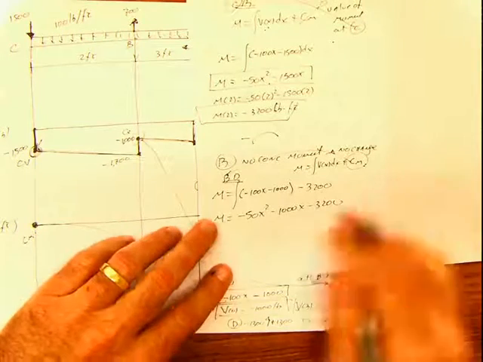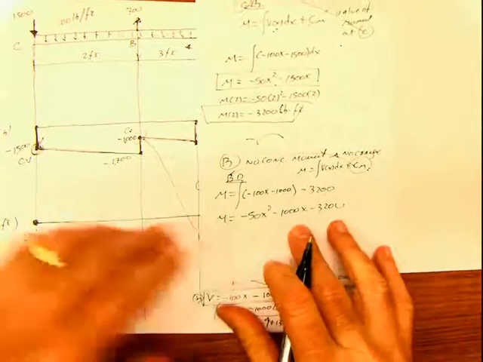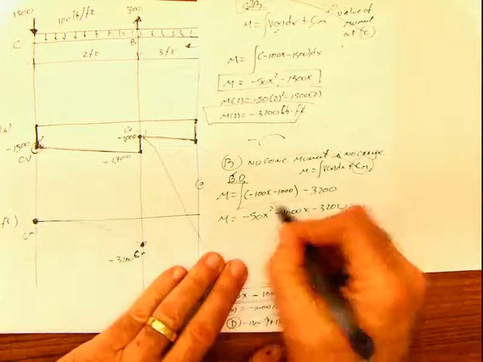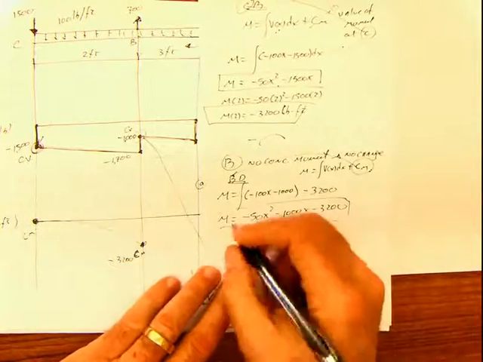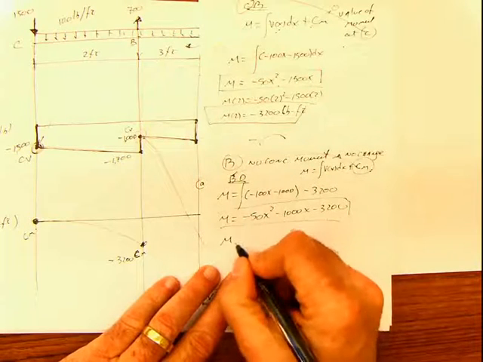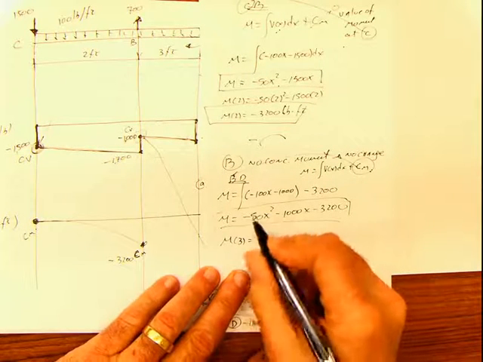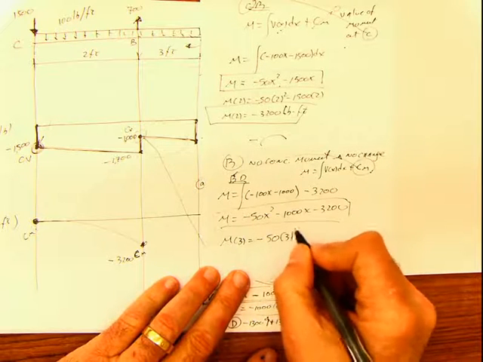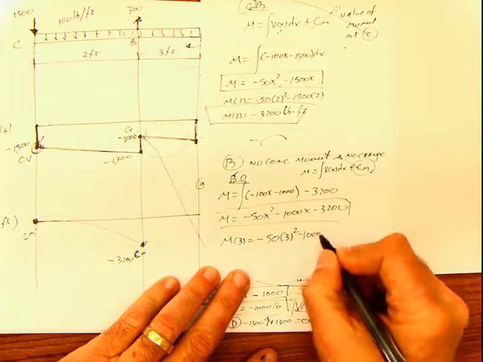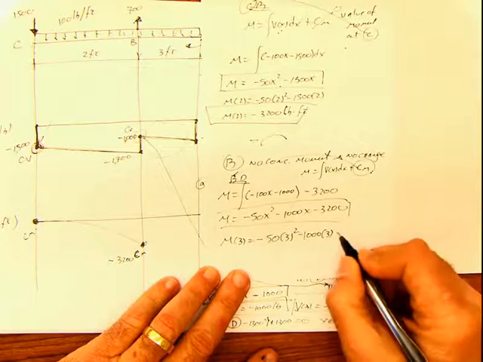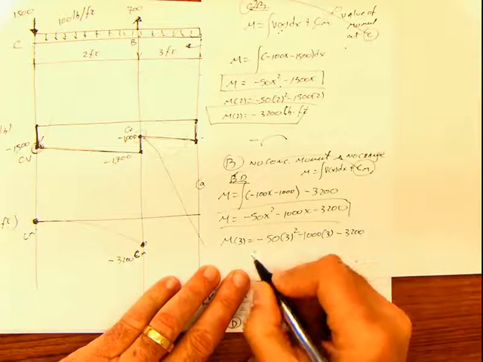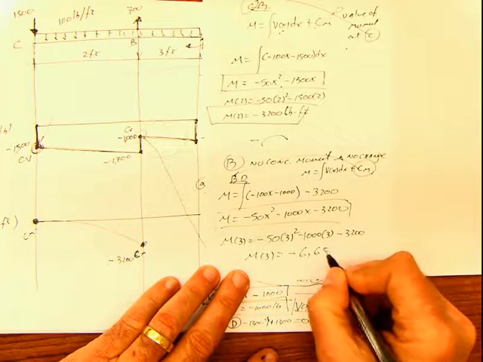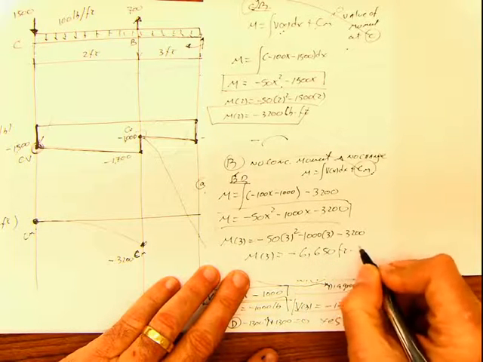And then you say for x equals 0, just for verification purposes, I'm here, this is 0, negative 3200, which is correct. And for x equal now 3, moment for x equal 3 is negative 50 times 3 squared, negative 1000 times 3, negative 3200, and moment for 3 is negative 6650 feet pound.